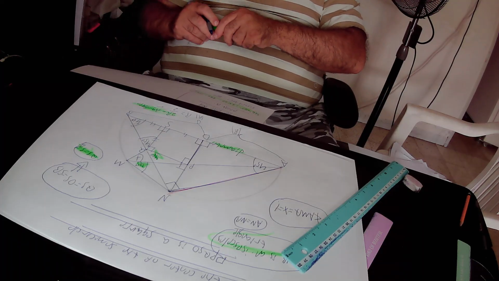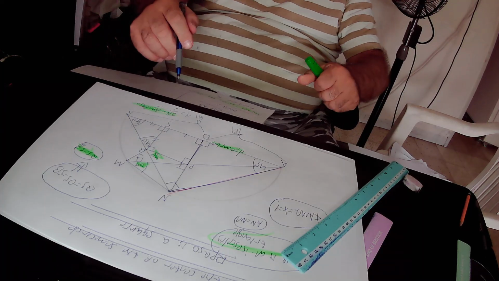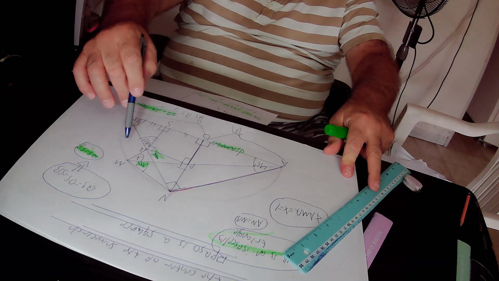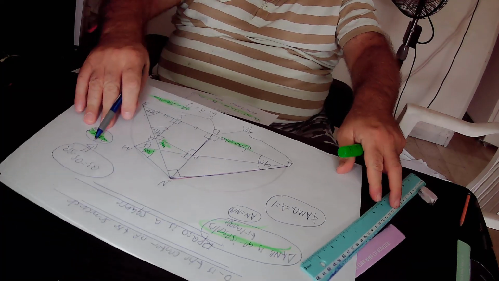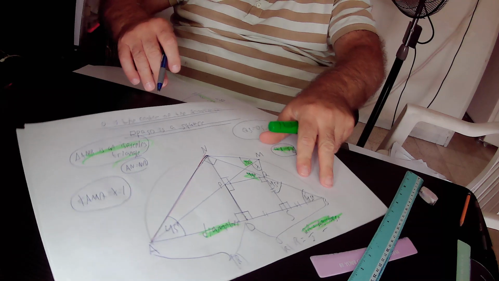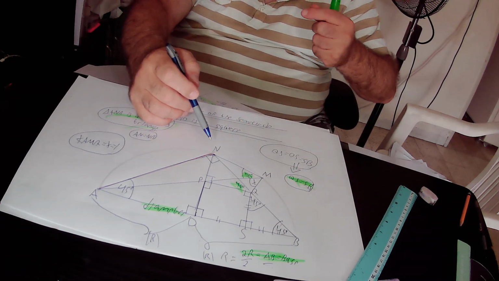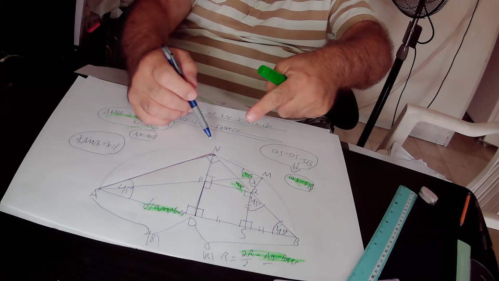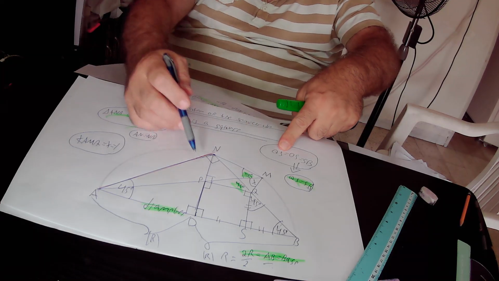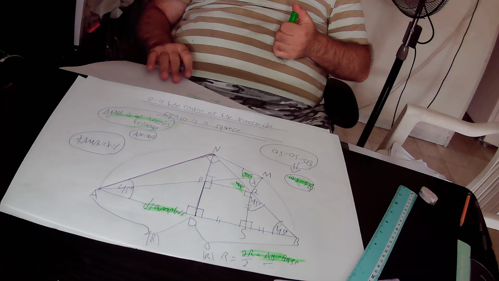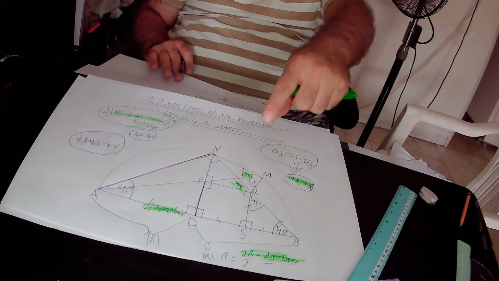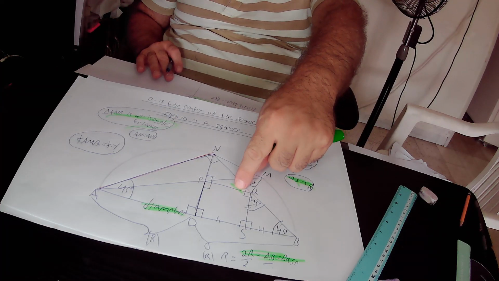So we have to prove that quadrilateral NMQP is a cyclic quadrilateral. That is to say, we can inscribe this quadrilateral NMQP in a circle. We have here those two angles.